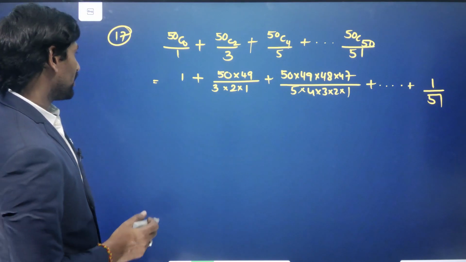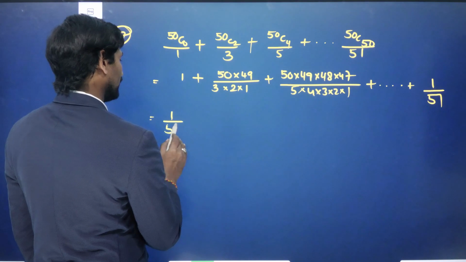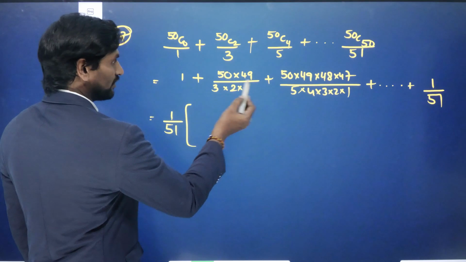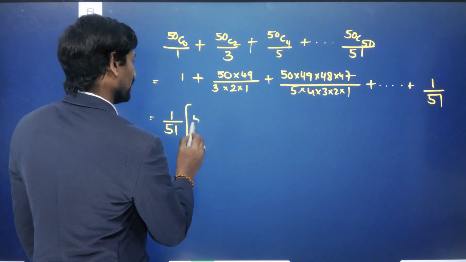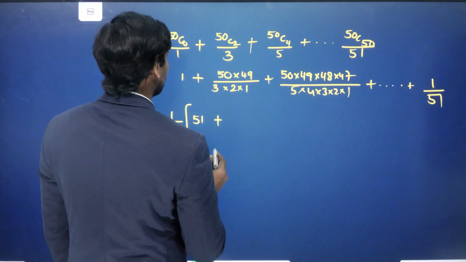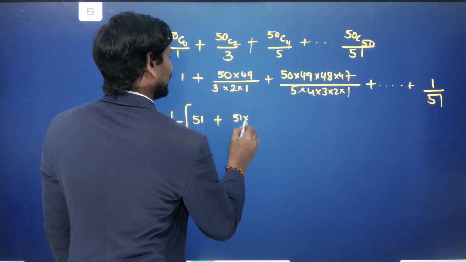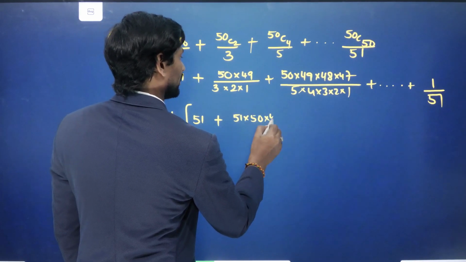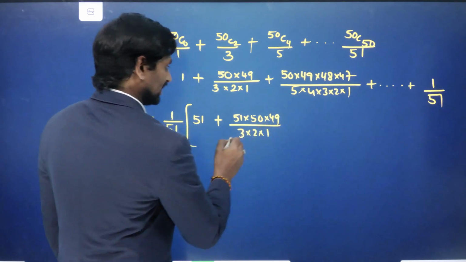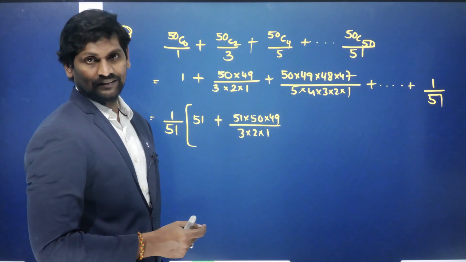So try to multiply everything with 51. So I just multiply and divide by 51. So multiply 51 I am taking inside. So 51 into 1, 51 plus 51 into 50 into 49 by 3 into 2 into 1. So numerator 3 terms, denominator 3 terms, we can write it as 51C3.